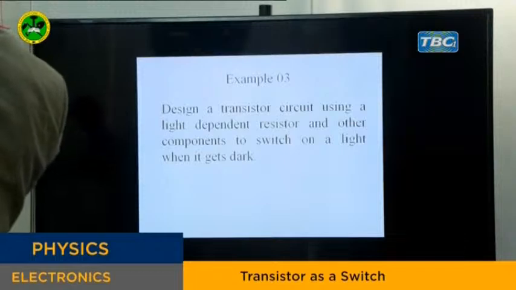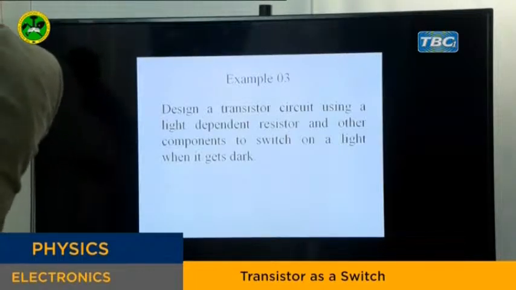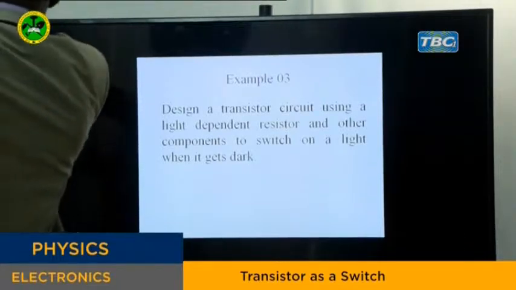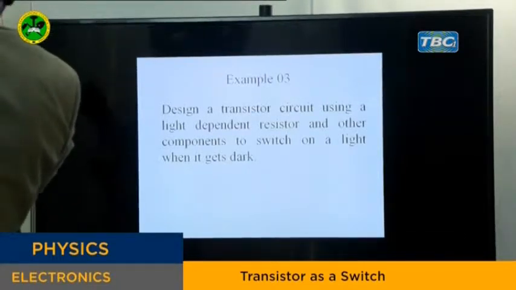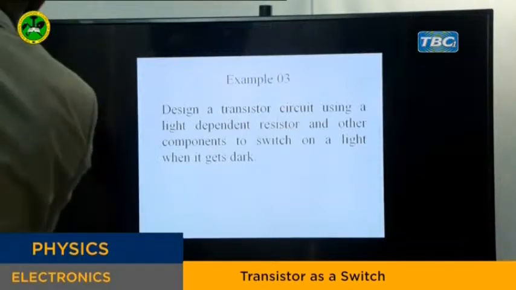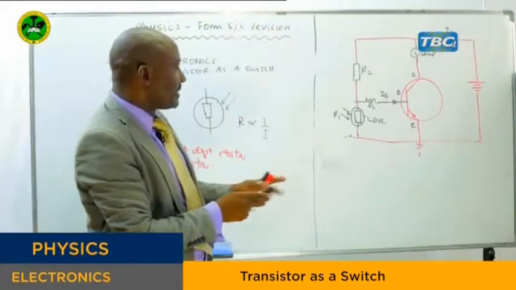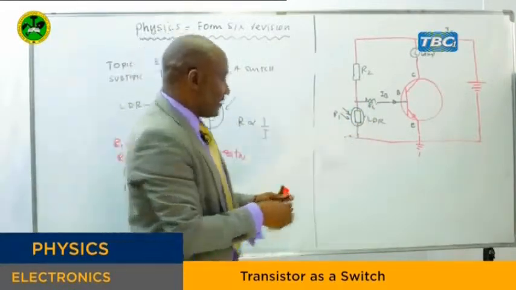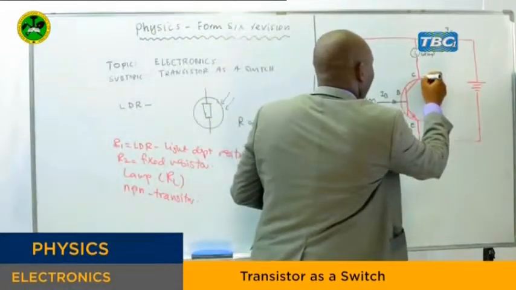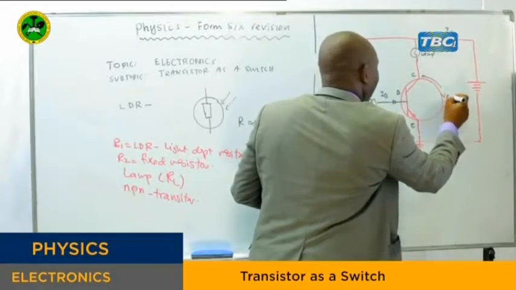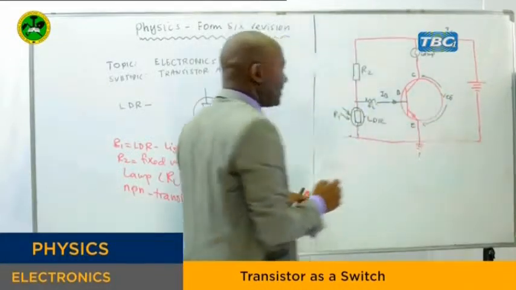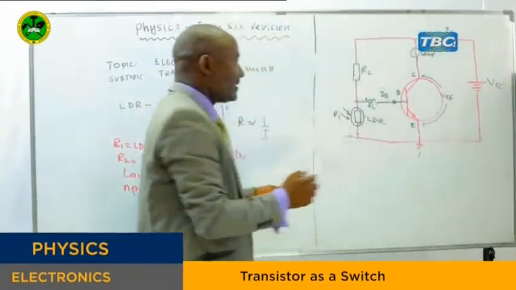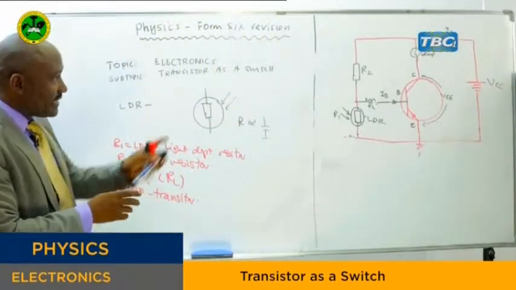This is our R1, this is our R2. Some of the supply voltage will come here and produce the base current. The one which determines the base current is the voltage across here. This is the VBE and VCE, and this is our supply voltage, which is given. Now the circuit is drawn.